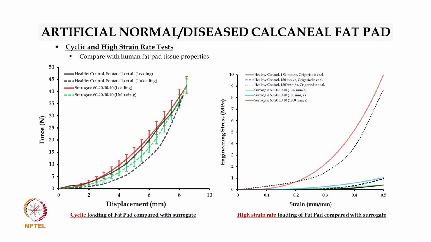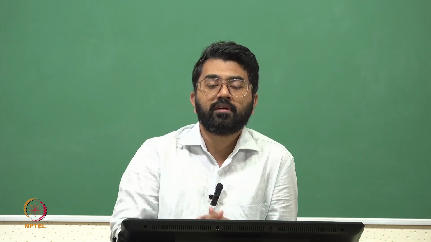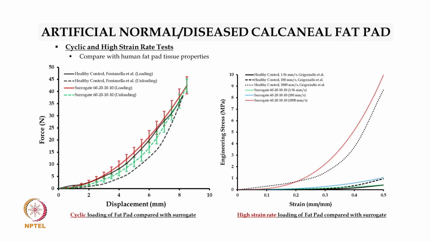This is the research group. In the loading and unloading phase, they have taken quite a few measurements. So these people did research on the cyclic kinds of loading, right? So we had developed this one control composition to mimic the specific force displacement response, and this was the surrogate with the configuration 60 20 10 10.